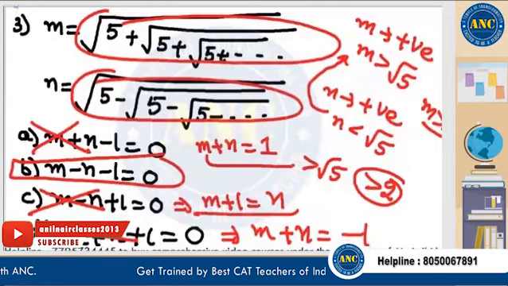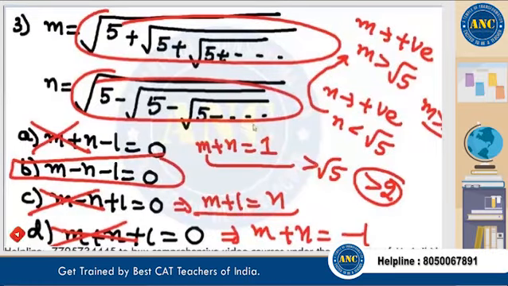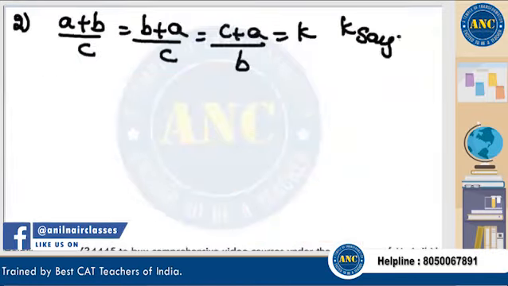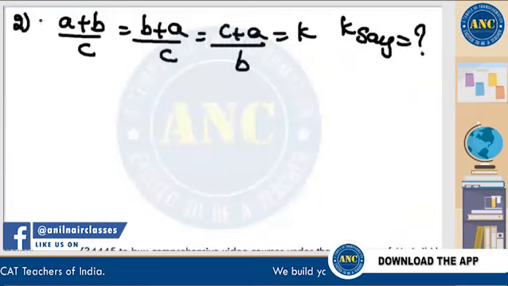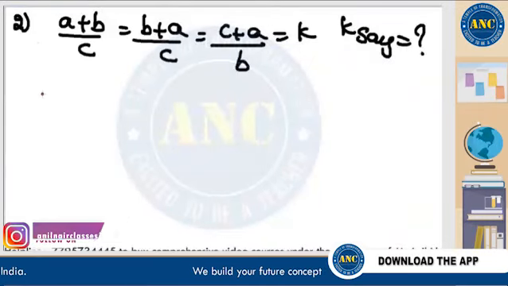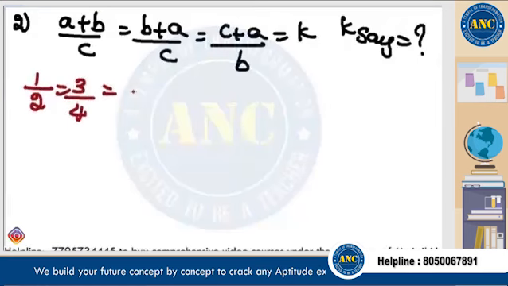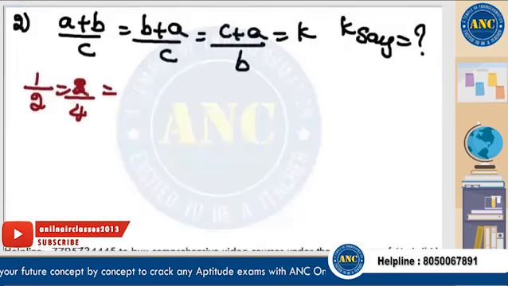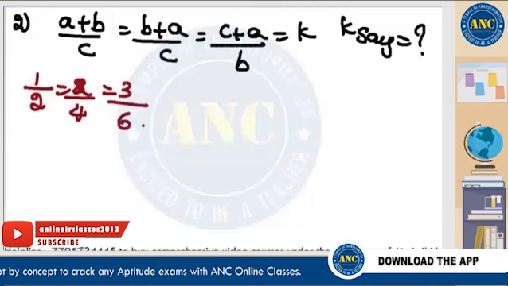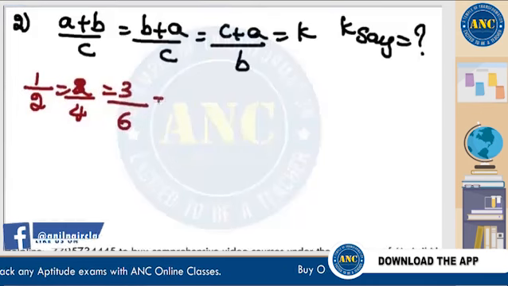Now, I'll give you two questions, 2 minutes time. Find the value of k. See, the mistake you are doing is: 1 by 2 equivalent to 2 by 4 equivalent to 3 by 6.